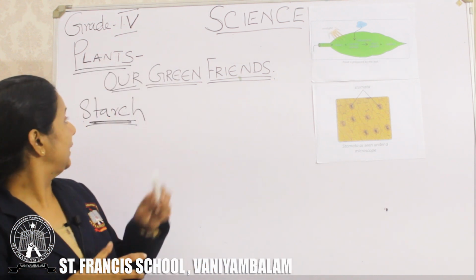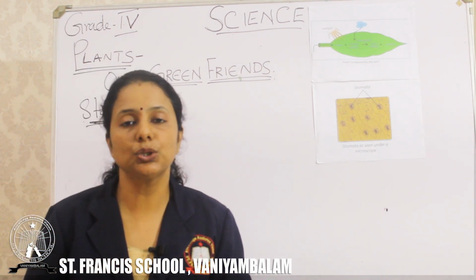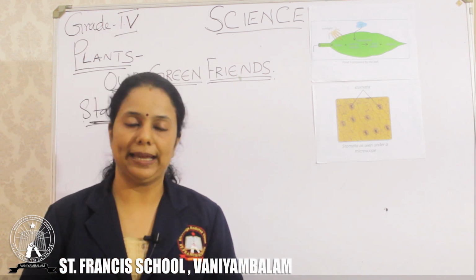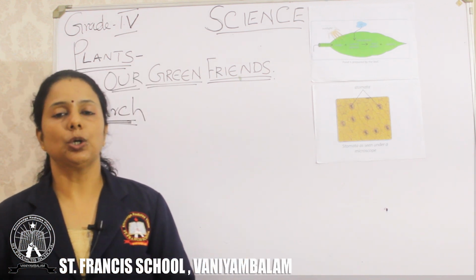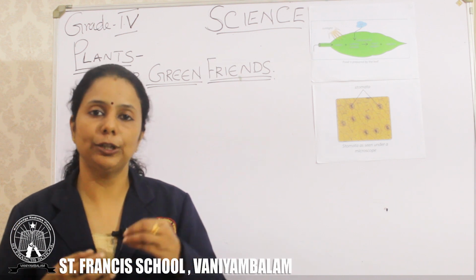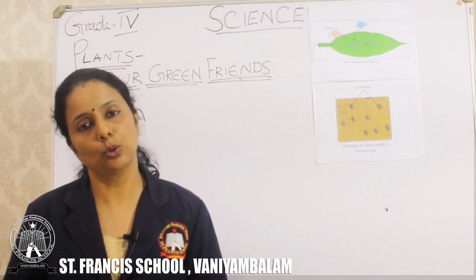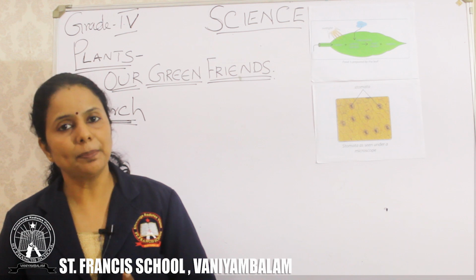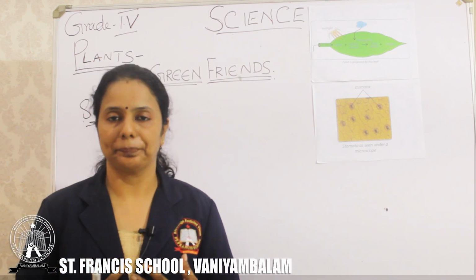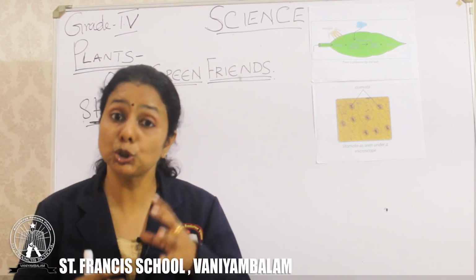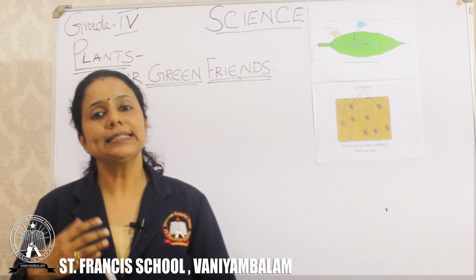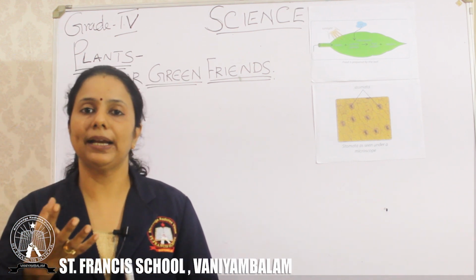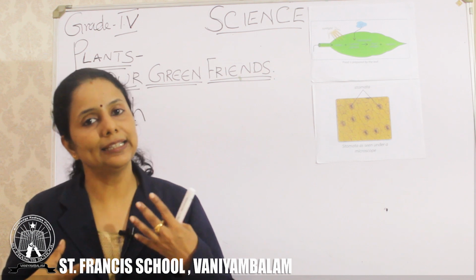So in plants, this food is stored in different parts of the plant. Okay, so in some plants the food is stored in roots of the plant. In some other plants, food is stored in the stem. And in some other plants, food is stored in the fruit or in the flower.